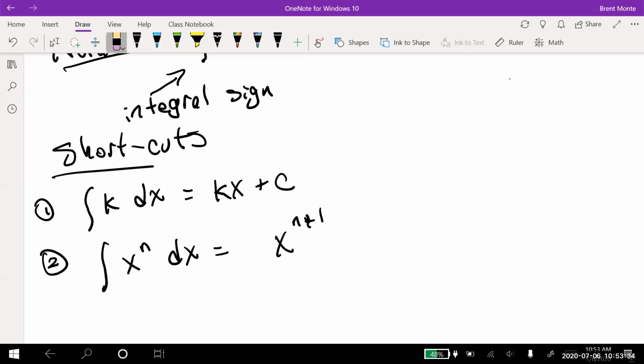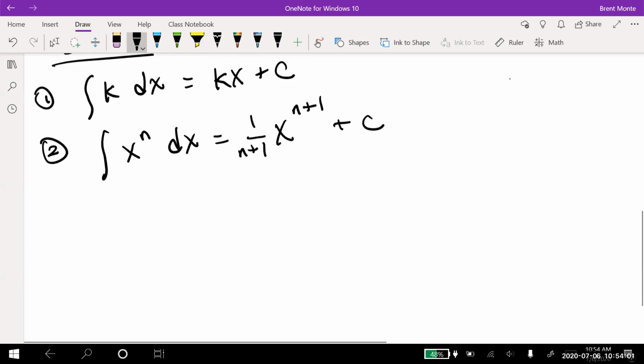So it's n plus 1. But then in front of that, we're just going to have that n plus 1 flipped over. So we're going to have that again plus c. And we'll do examples so that you see these all actually do work. But just put the reciprocal right in front of the x, the reciprocal of the new exponent. So I always go to the exponent first and then take its reciprocal.